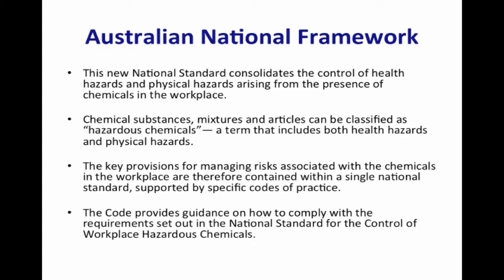The code provides guidance on how to comply with the requirements set out in the national standard for the control of workplace hazardous chemicals. The focus of the national standard and this code is on those substances and mixtures which could cause harm to people, property, or the environment. Those substances and mixtures which have been found to meet the criteria for one or more hazard classes of the globally harmonised system.